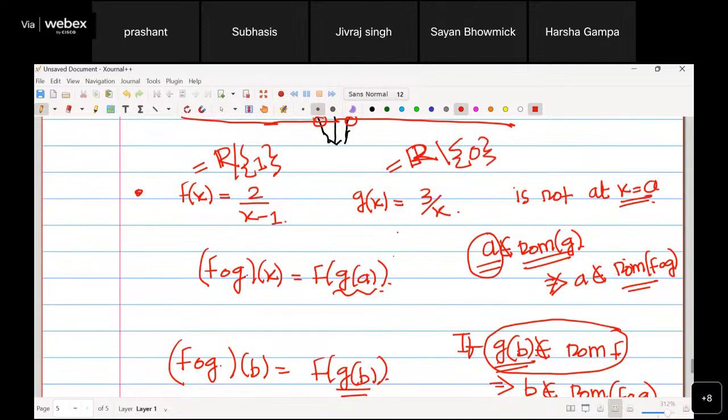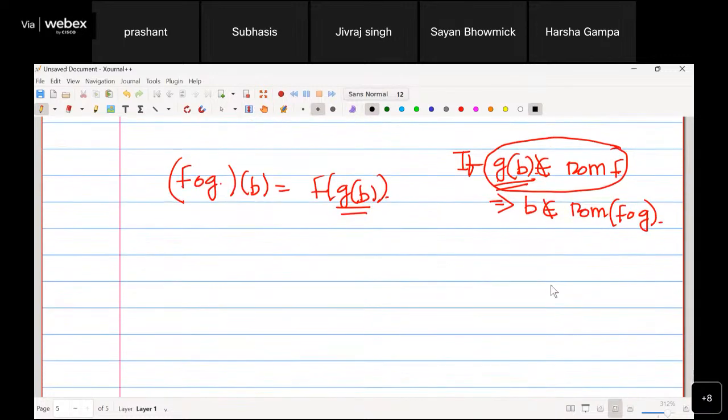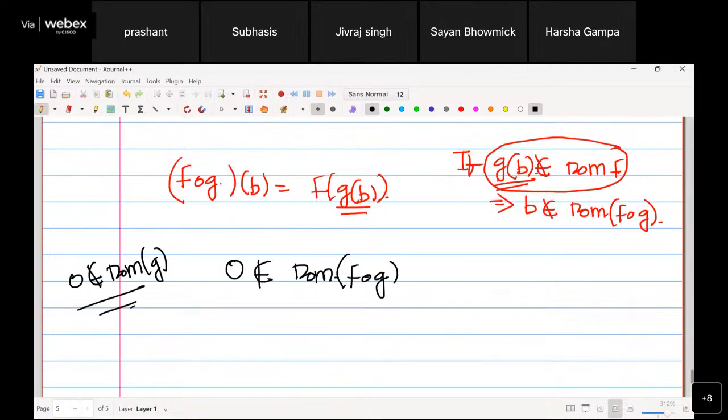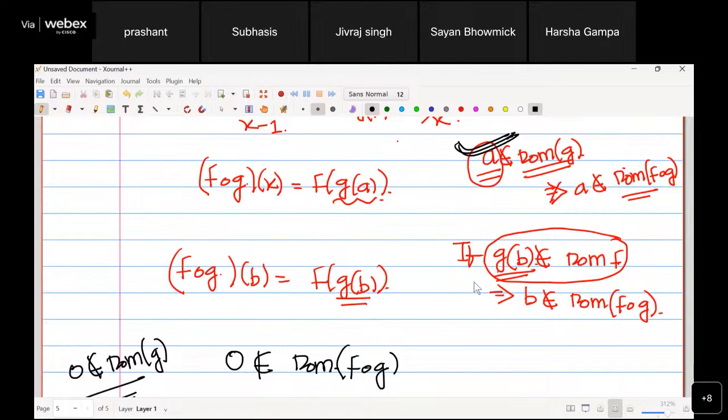So from here, I can say that 0 is not in the domain of f compose g, because 0 is not in the domain of g. Next, I need to find the values for which g of b is not in the domain of f.